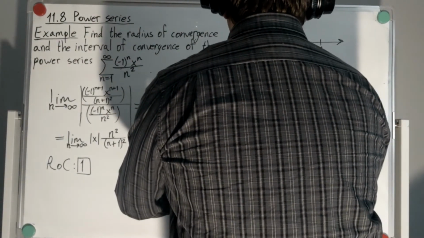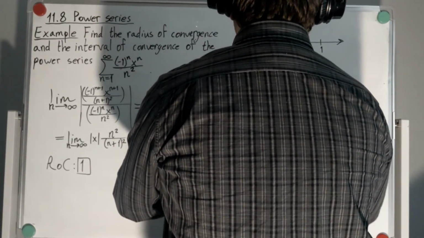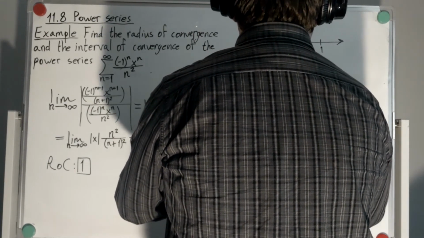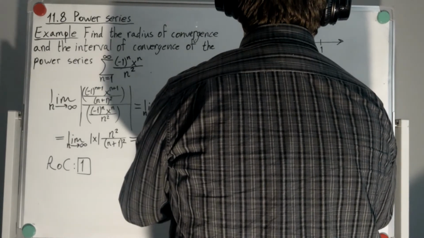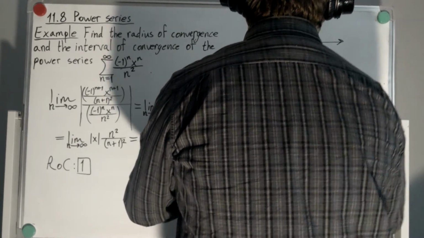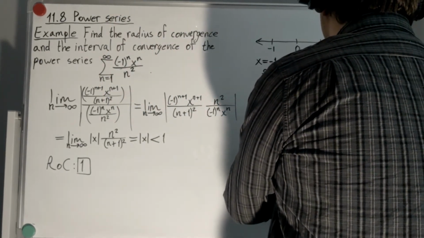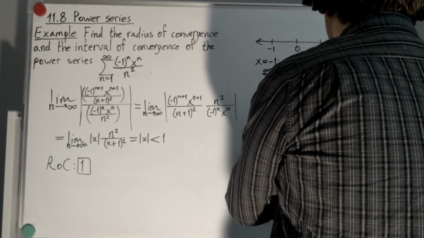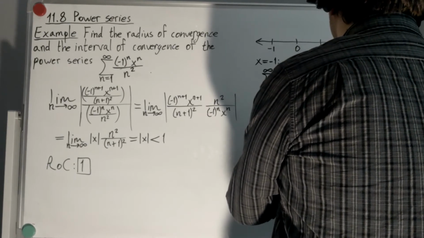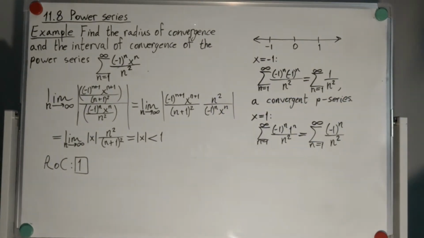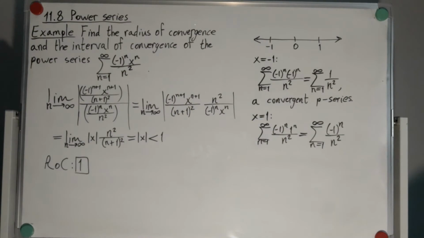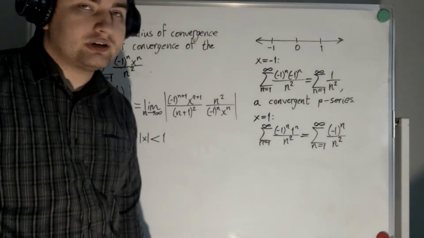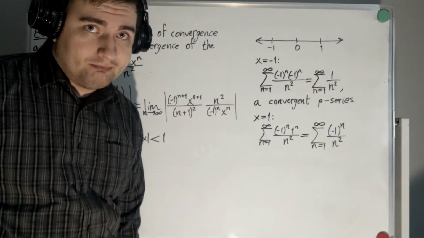Now, if x equals 1, then this becomes the sum from n equals 1 to infinity of (-1)^n times 1^n divided by n^2, which of course is the same thing as the sum from n equals 1 to infinity of (-1)^n over n^2. And this is for sure convergent. There are actually two ways of seeing that.